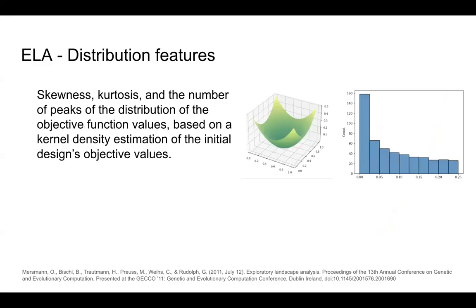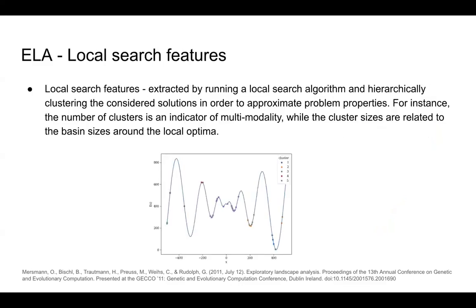Then you have distribution features, which essentially take a look at the distribution of objective function values and measure some properties of it, such as the skewness and kurtosis, and also like numbers of peaks, etc. Then you have local search features, which actually run a local search algorithm and kind of perform post-hoc clustering of the obtained solutions, which are investigated by the algorithms.